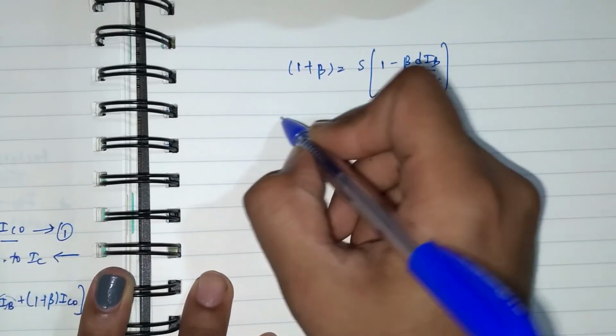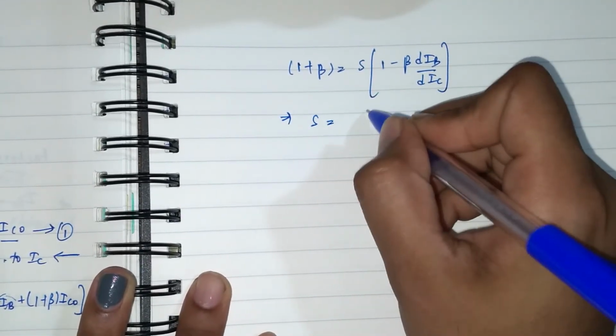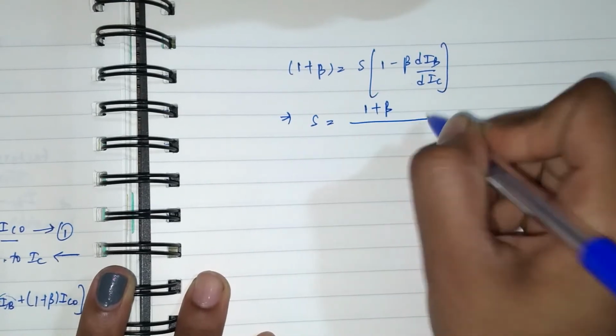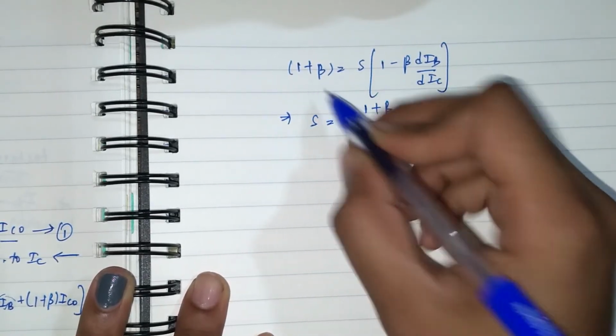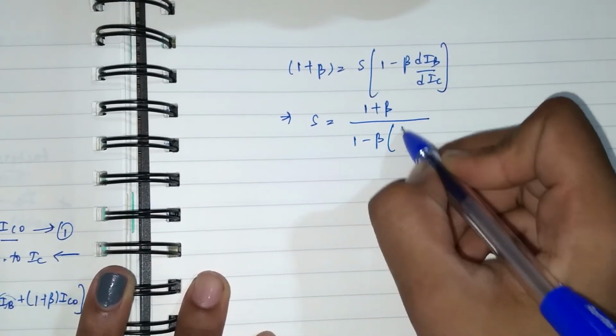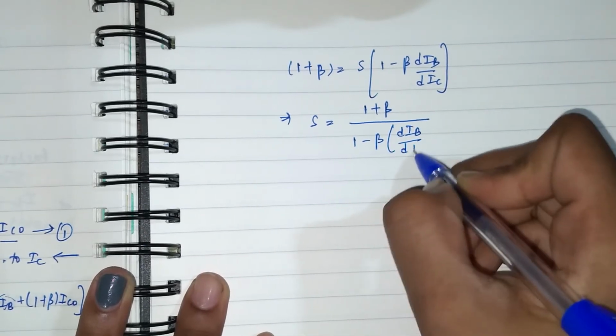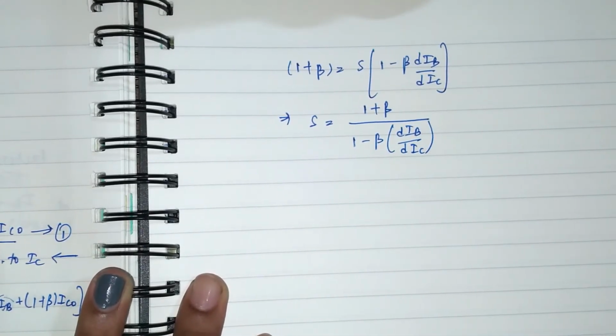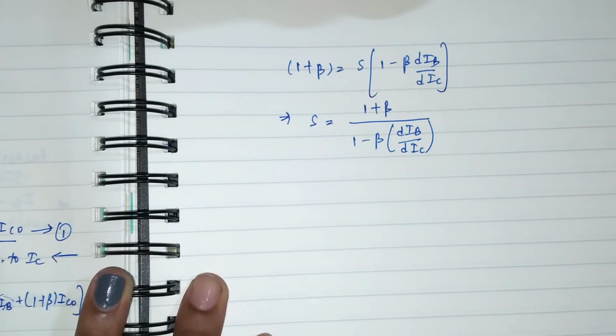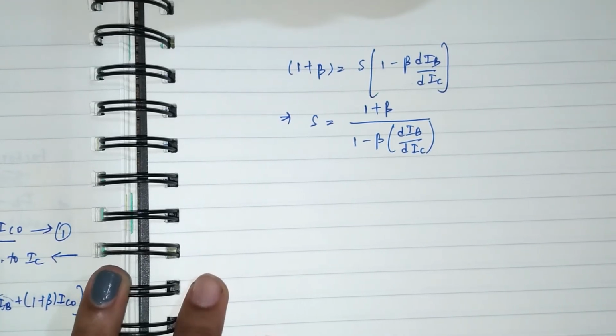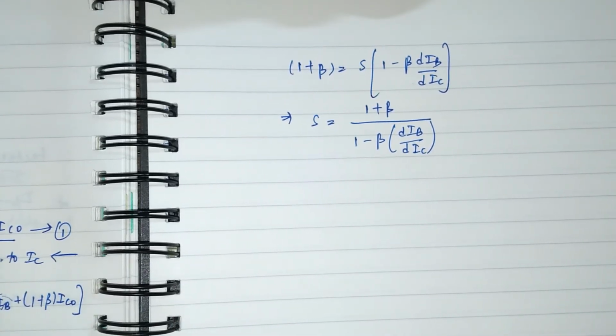From this step, S can be written as (1 plus beta) divided by (1 minus beta into dIB by dIC). So this is the stability factor for CE configuration.